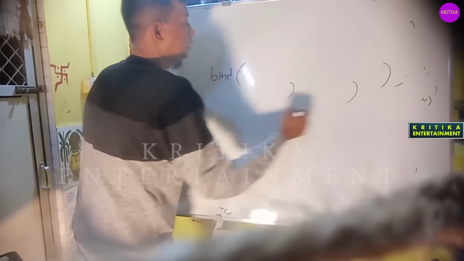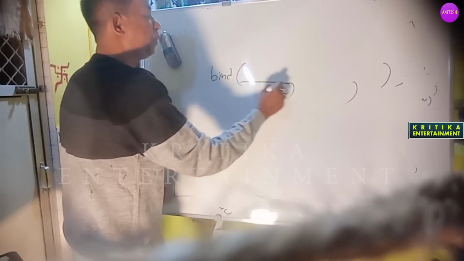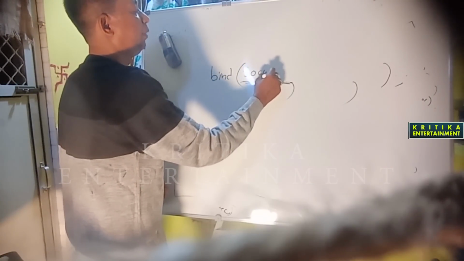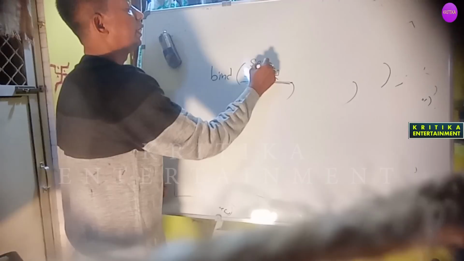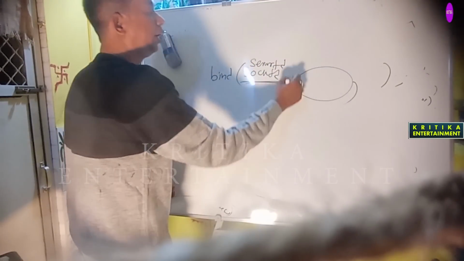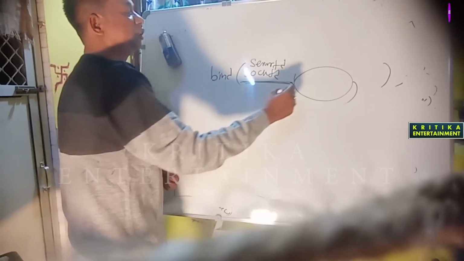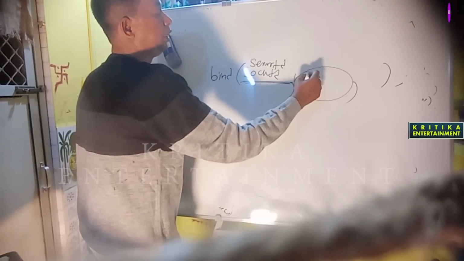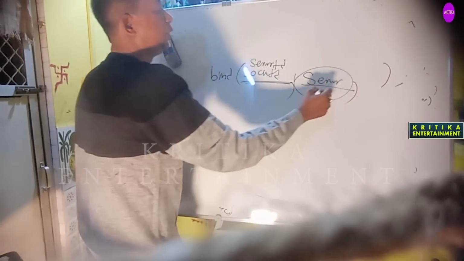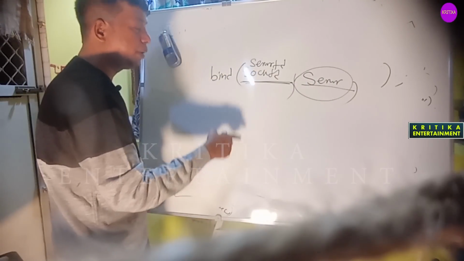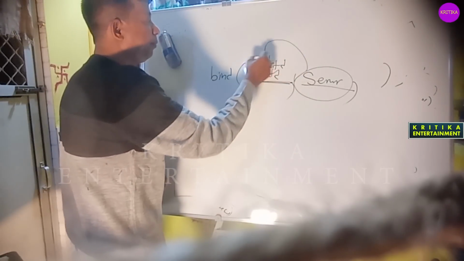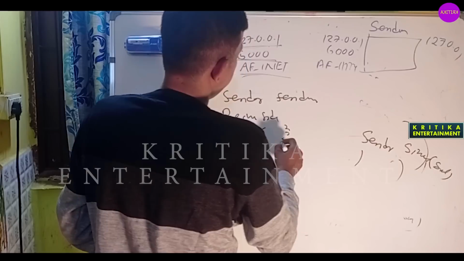What are those arguments? Always remember the first argument is the socket, that means sock fd, or server fd which I declared previously. That means the server will be bound. So here I mention the server variable which I assigned earlier; the domain, port and IP address will be associated with the server fd by using the bind function.